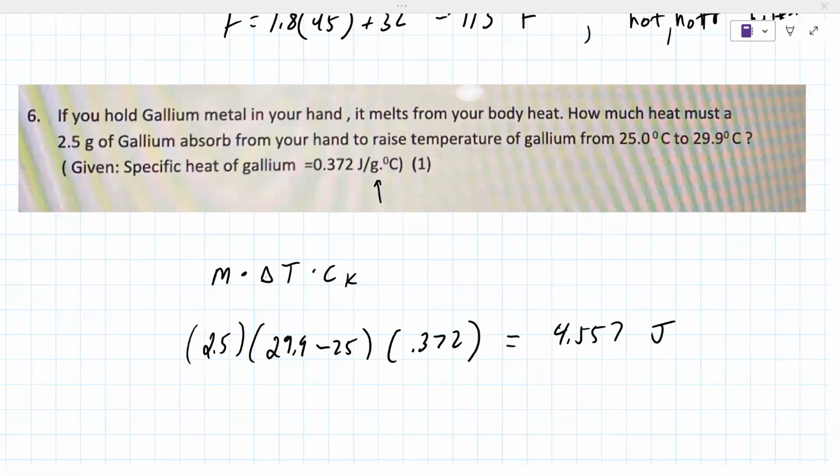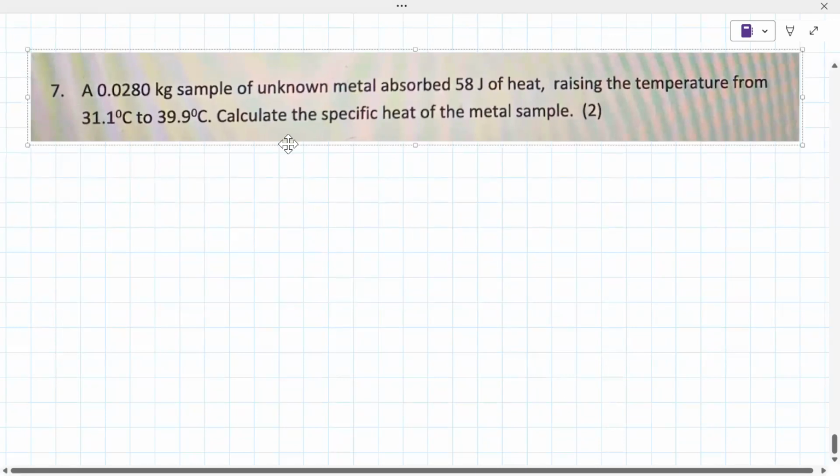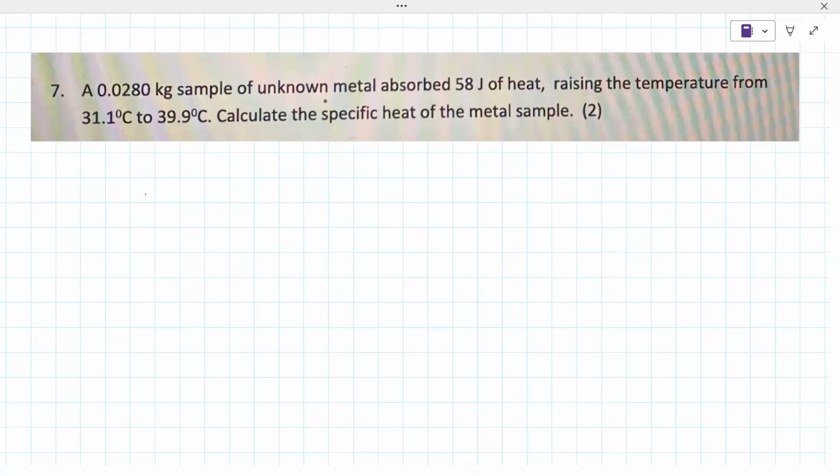Number seven is another numerical problem. They say it's an unknown metal that absorbs heat, and there's a change in temperature, and they want you to calculate the specific heat. So your energy equals mass times delta T, the change in temperature, times the specific heat of the material.